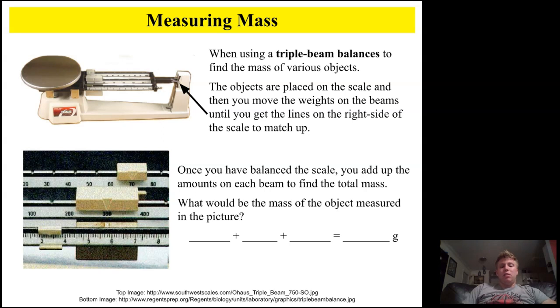So if we take a look, I'm going to start at the top mass, and that said 70 grams. Then I'm going to take a look at the middle mass, which is on 300 grams. And finally, the smallest mass in the front here is on 3.4 grams. So if we add all of those up, we get a total of 373.4 grams for this particular object.